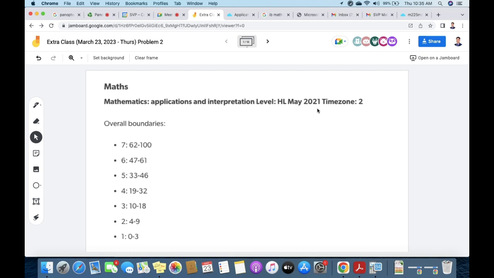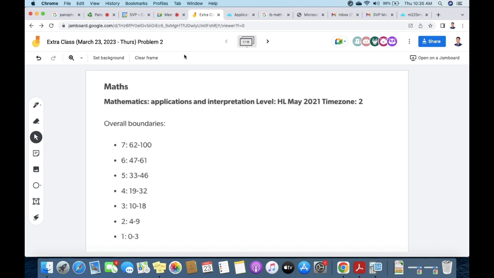Ken, what's your target level? 4. So let's say 4. That's 19% as per IB. So 0.19 of 55, that's only 11 points, Ken, out of 55. For Joel, let's say 33%, that's 19 points out of 55.